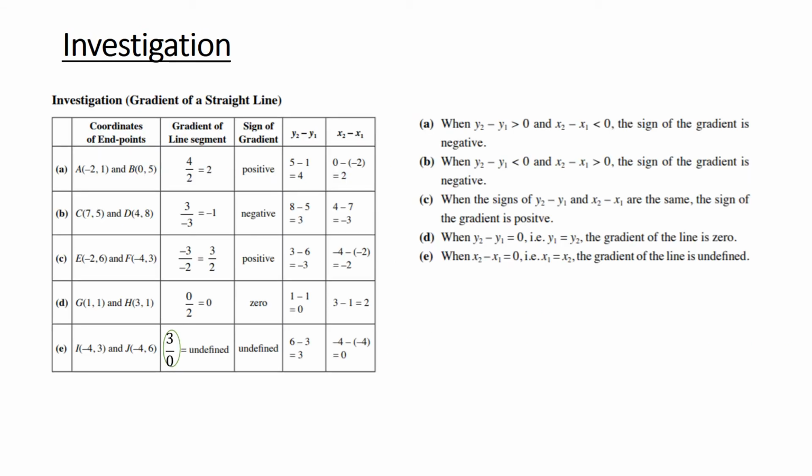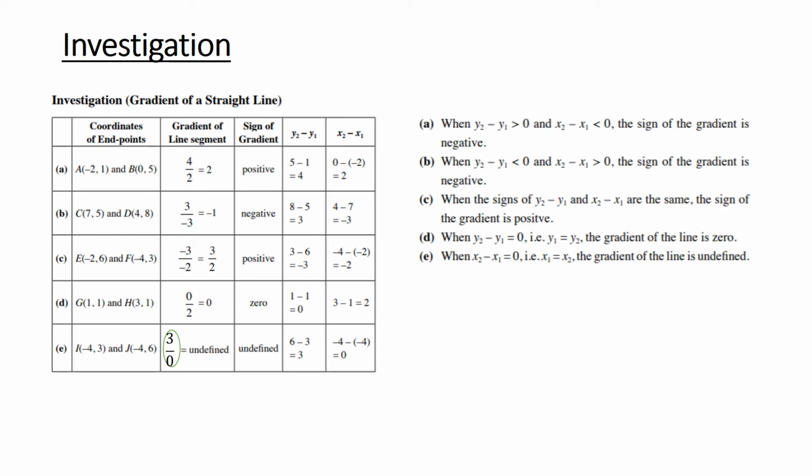Dear students, now let us investigate a few things regarding the gradient of a straight line. In this table, the coordinates of the endpoints of a few line segments are given to you. In the first part, the coordinates of the endpoints A(-2, 1) and B(0, 5) are given to you.